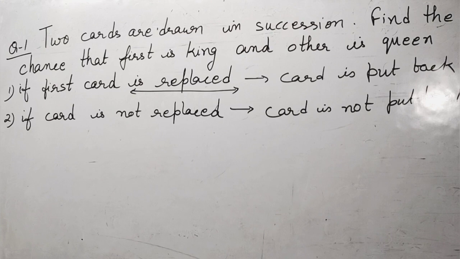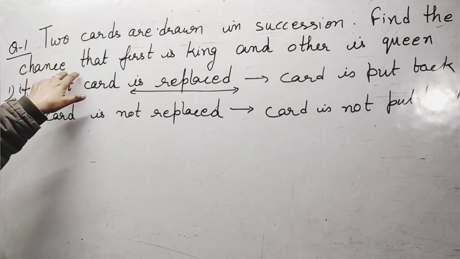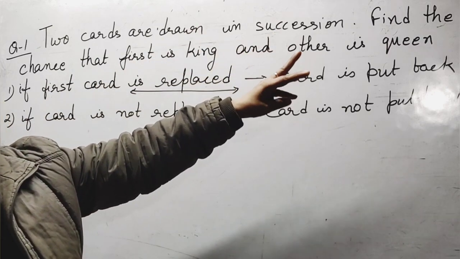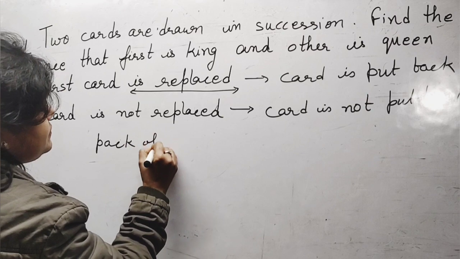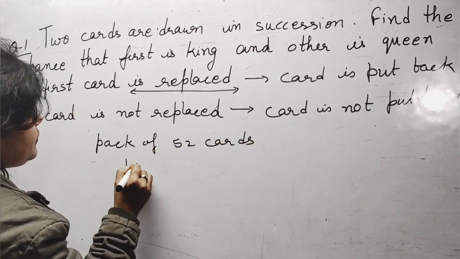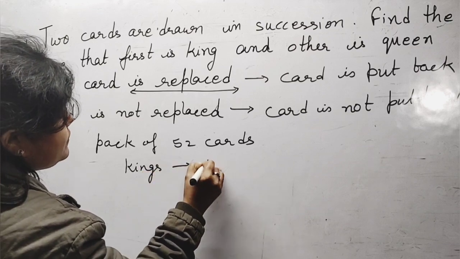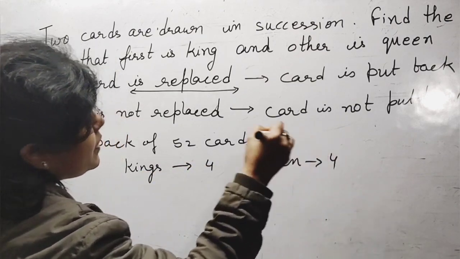Now we have to draw 2 cards in succession. The first one is the king and the other is the queen. We know that in the pack of 52 cards, there are 4 kings, and similarly 4 queens.